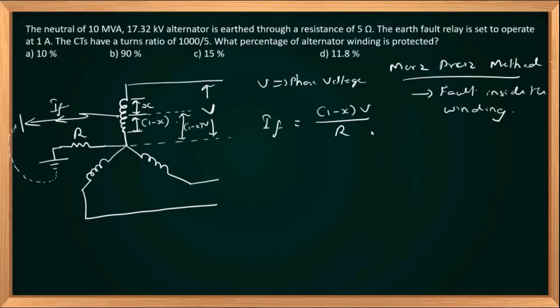Now, in the problem, you are not directly measuring the fault current. Instead, you are using a CT whose turns ratio is 1000/5. And it is given that the relay is set to operate at 1 ampere. 1 ampere-ലാണ് relay operate ചെയ്യുന്നത് അല്ലേ? അപ്പോൾ ഈ relay operate ചെയ്യുന്ന current IR into CT ratio is actually your fault current.